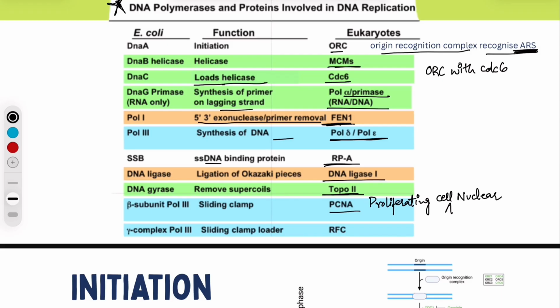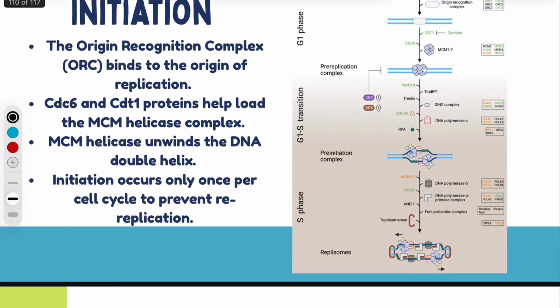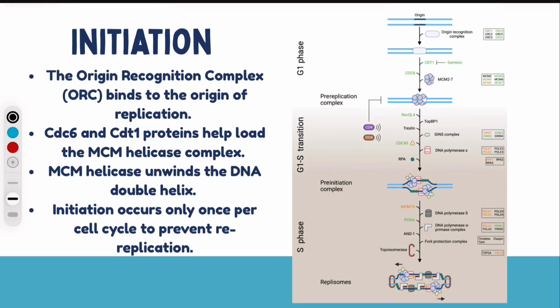RPA are the SSB proteins. DNA ligase 1 is there, topoisomerase II acts as gyrase, and proliferating cell nuclear antigen, PCNA, is the sliding clamp here, and replication factor C, RFC, is the loader of the sliding clamp in eukaryotes.